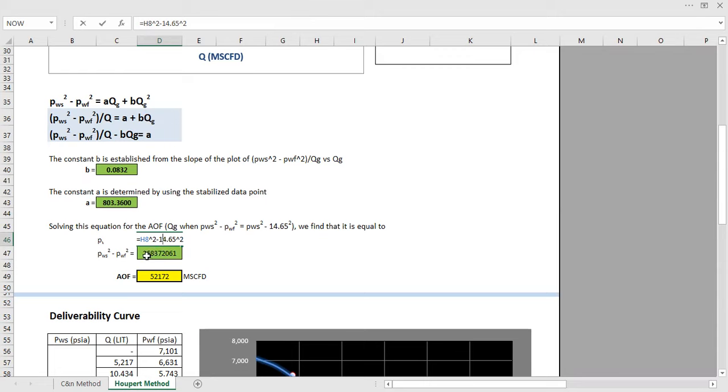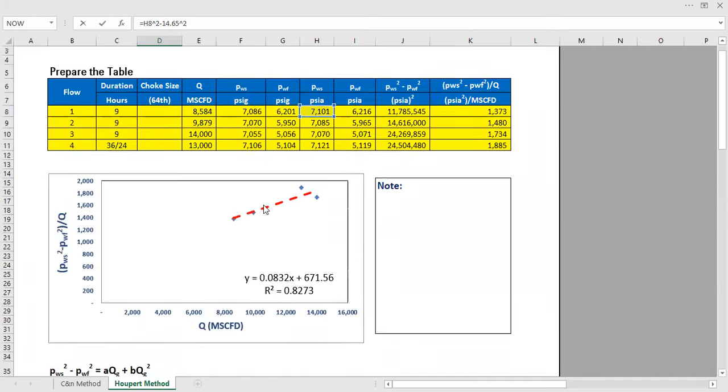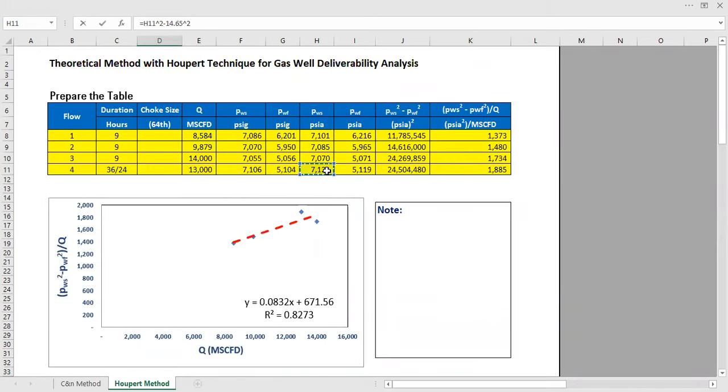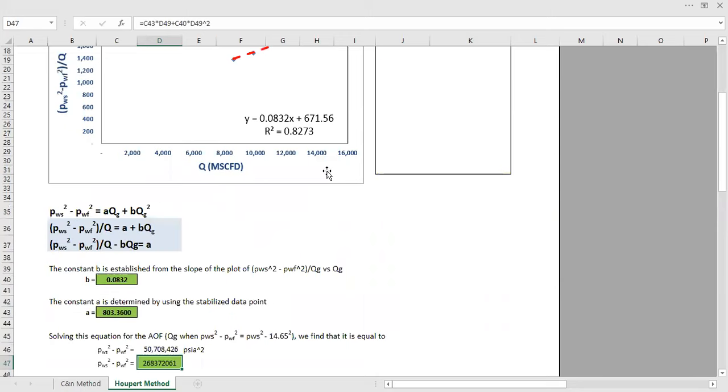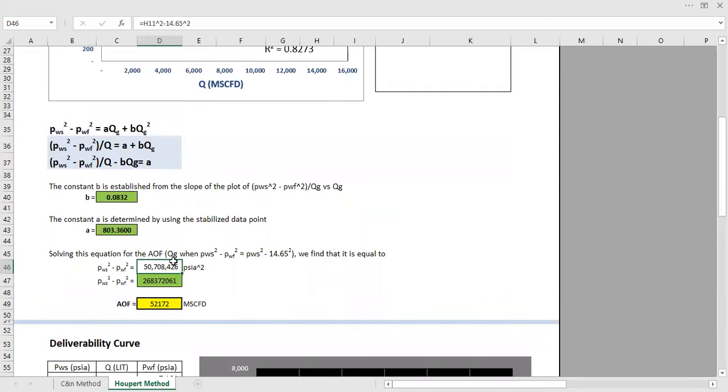But for the PWS squared, we use PWS at this one, 7,121, which is the static bottom hole pressure after stabilized flow. And we get this static bottom hole pressure after shutting in the well for 24 hours. So this is the best static bottom hole pressure for us. Okay, and the result is this one.